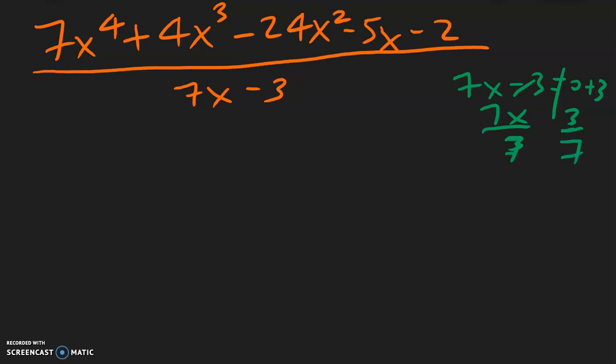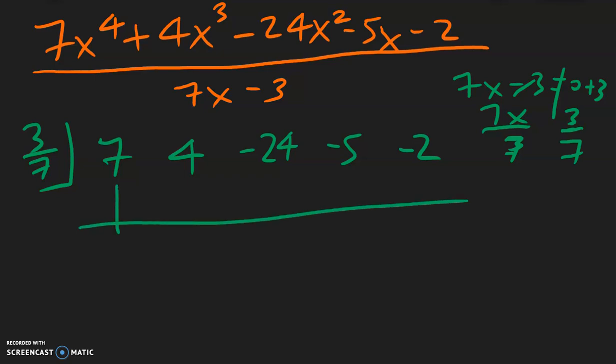As you can see, after you do a couple of these, you can do this process in your head. So just move the negative 3, that becomes a positive 3, and then put it over 7 because we need to divide the coefficient. So 3 over 7. And here we got a 7, a 4, a negative 24, don't forget the negative, a negative 5, and a negative 2.